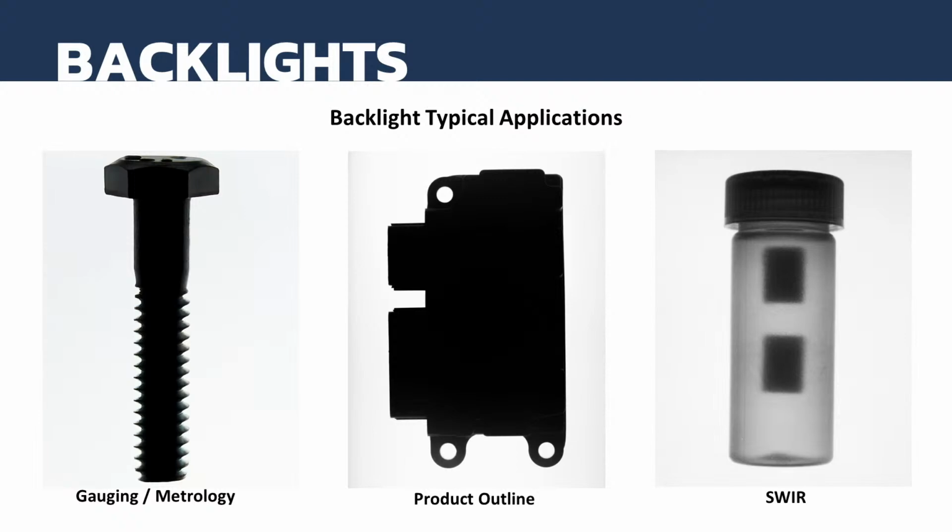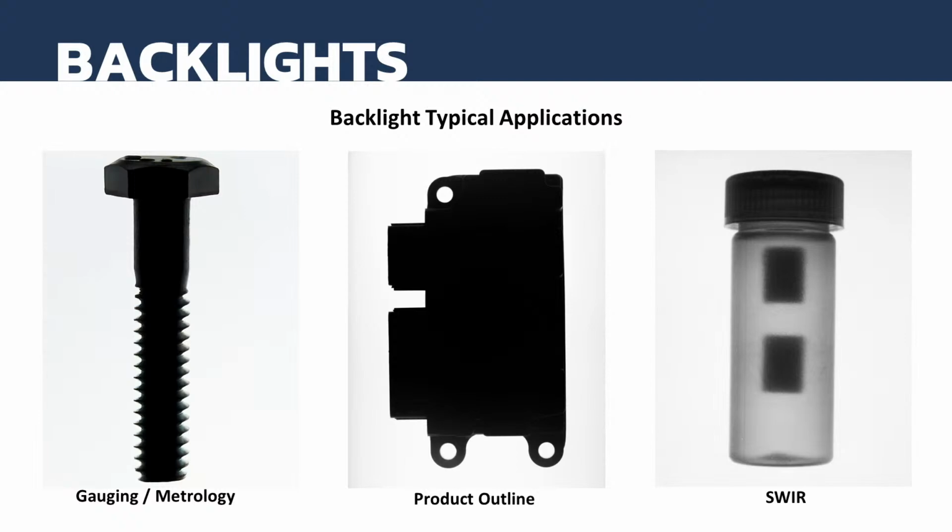And then in the cases of SWIR lighting, we use backlight sometimes to project SWIR light through an object. So you can see in this example, we can see through the polyethylene container and see the object in the center. So backlights are often good for this, especially if we're using SWIR or non-visible lighting, then this is a way to see through objects with the SWIR and get the outline we need of what's inside.